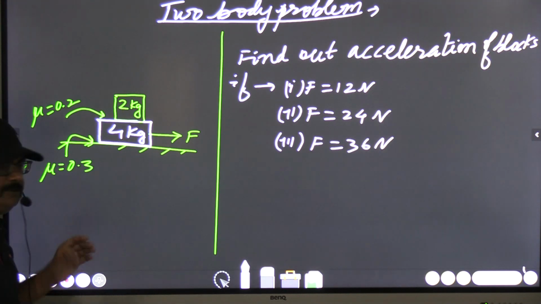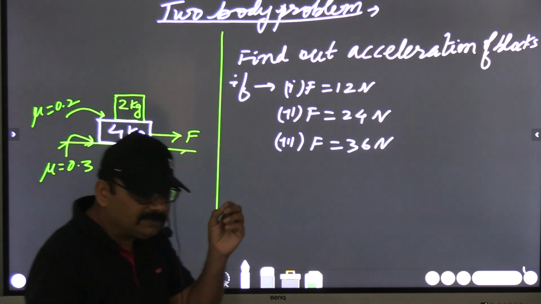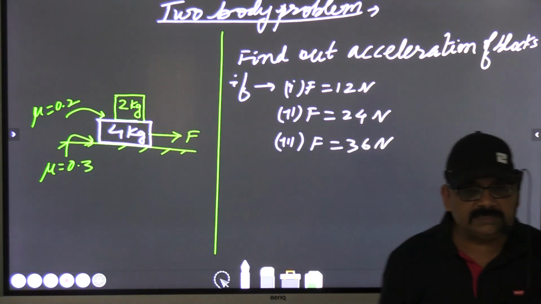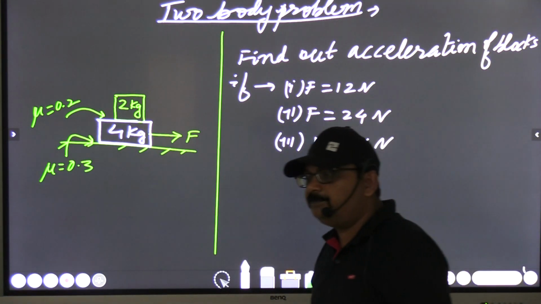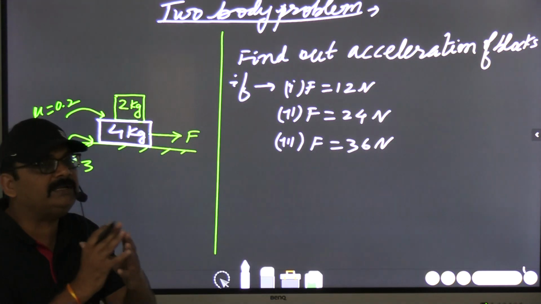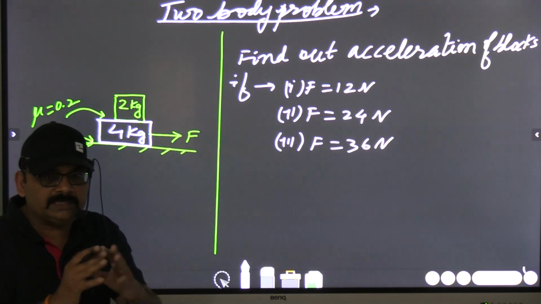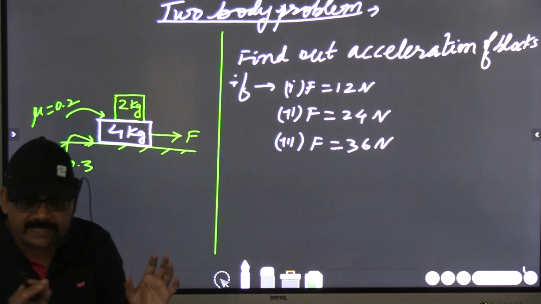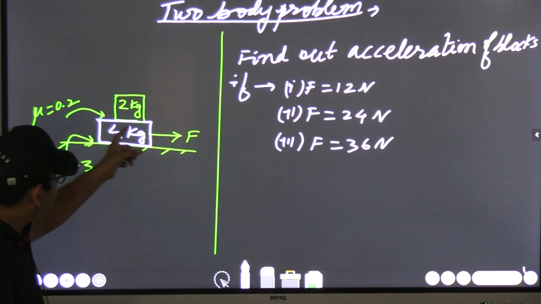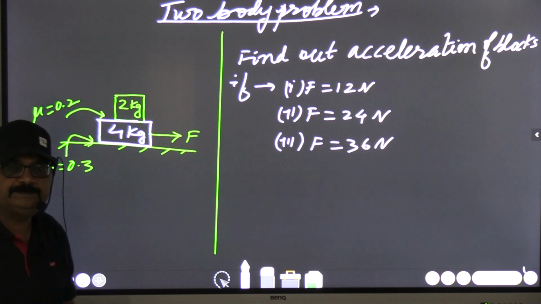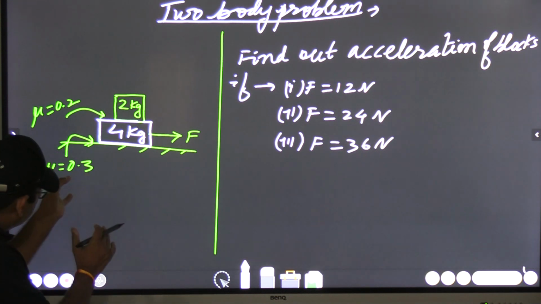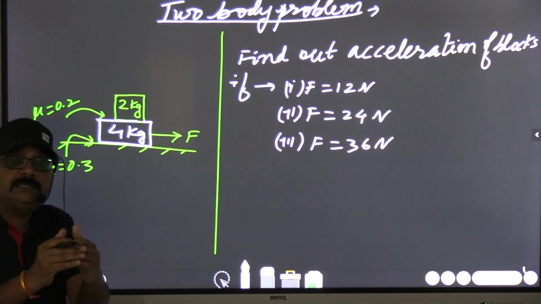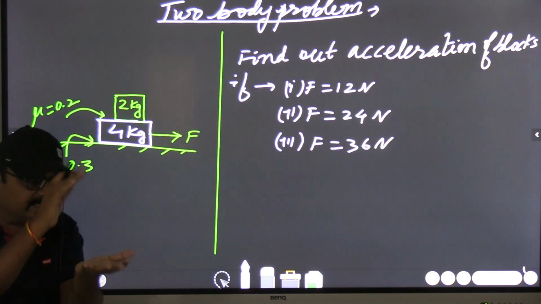This is the question. Now what is the main issue with these kinds of questions? The main problem is that the pattern of the motion of the blocks is unknown. We are clueless whether the blocks are moving together or moving separately, or even whether the force is good enough to slide the system or not.